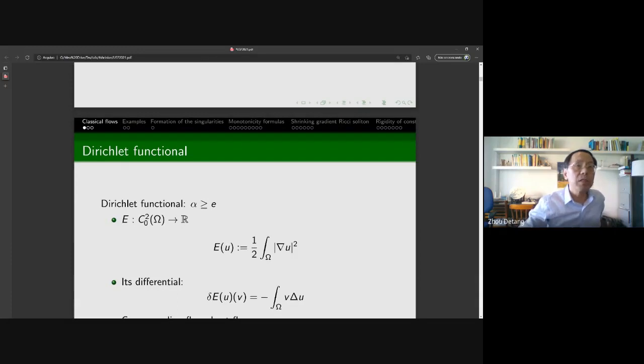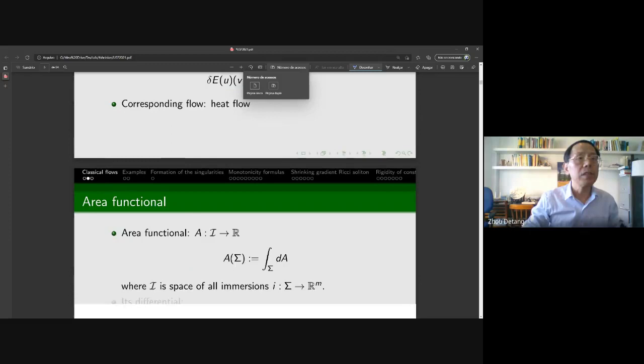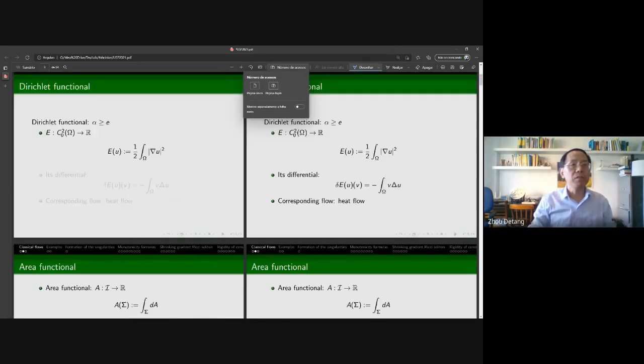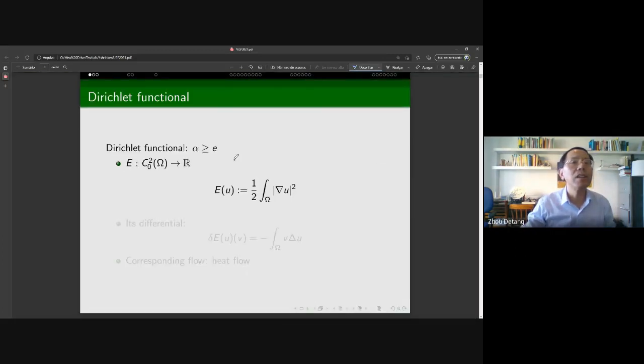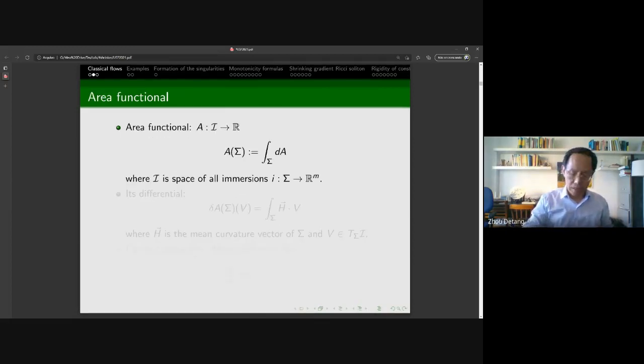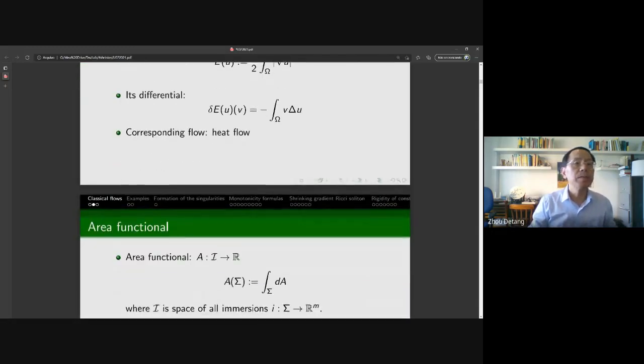So the first derivative is like this. So the corresponding flow is just the classic heat flow, right?